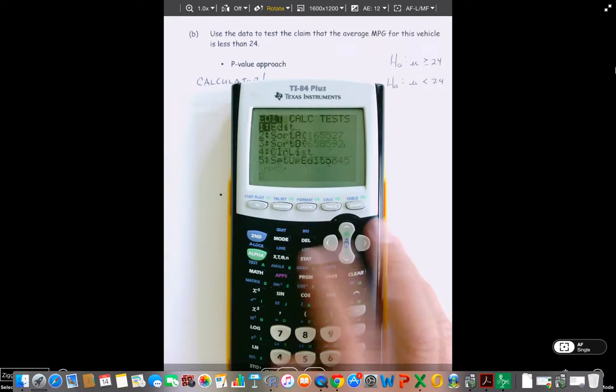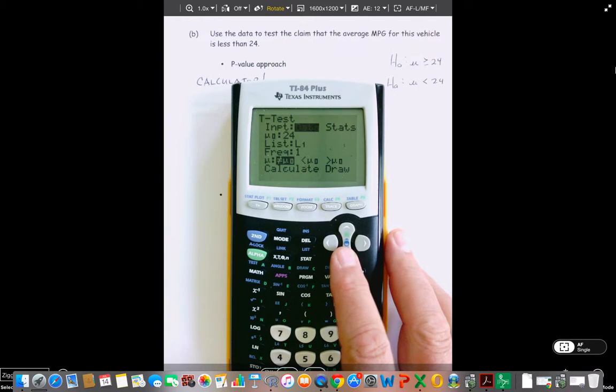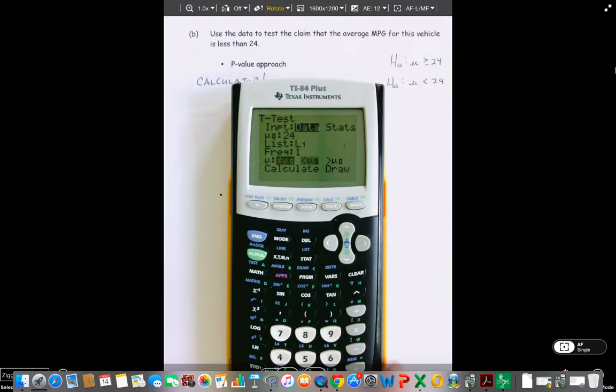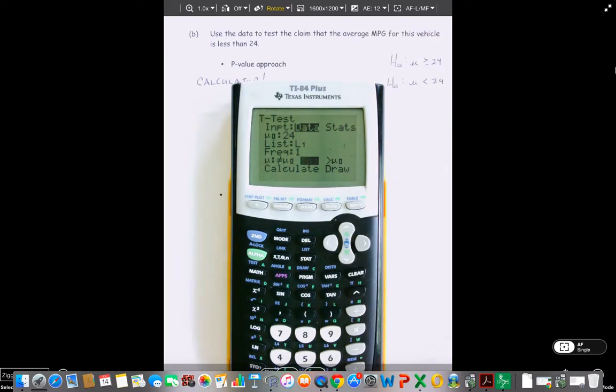So, guys, all we would do, we've got the same information exactly. All we need to do is change that to less than. Choose the same inequality right here that you have right there. This one's pointing to the left. Choose the one that points to the left.